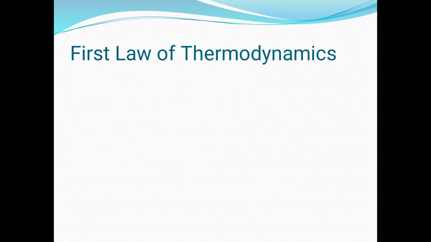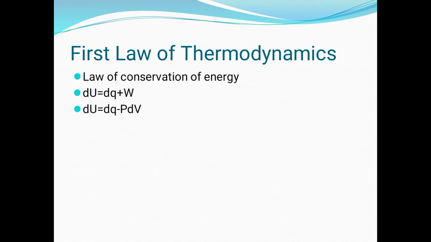Coming to the first law of thermodynamics. The first law of thermodynamics is the law of conservation of energy, by which we say that energy can neither be created nor be destroyed, but it is transformed from one form to another.